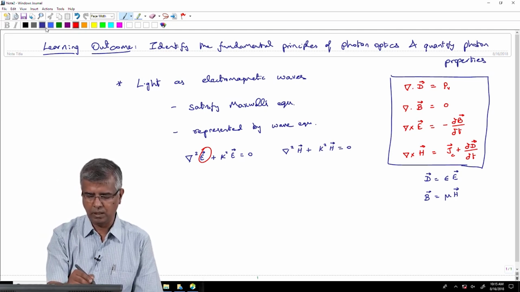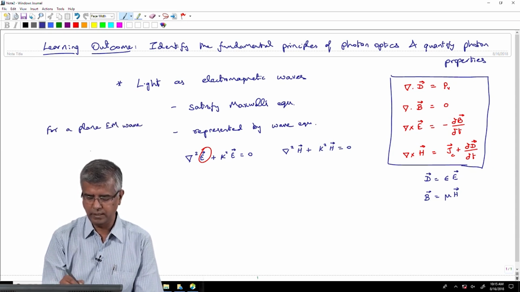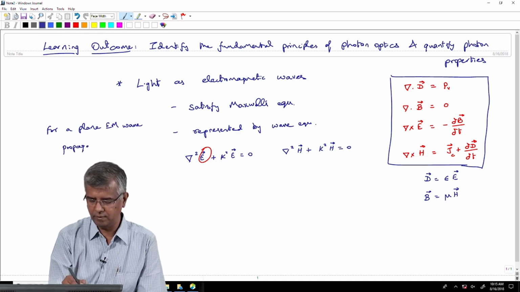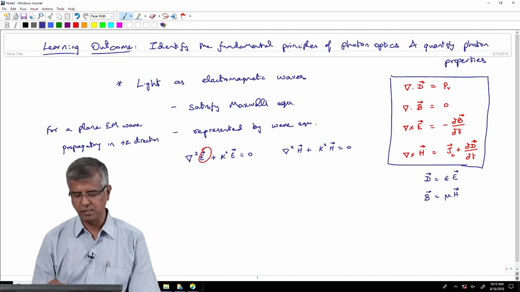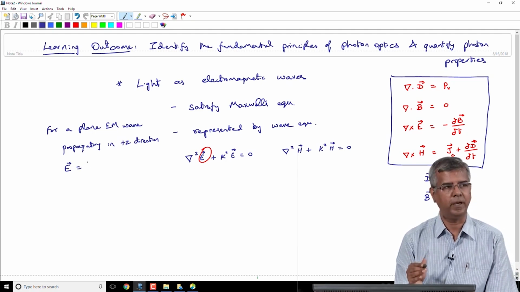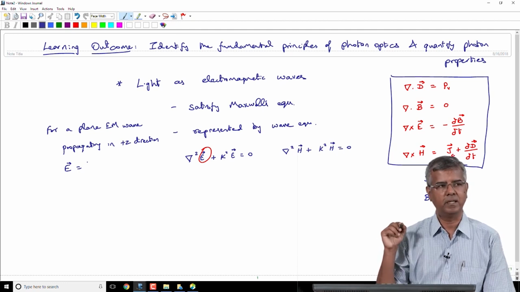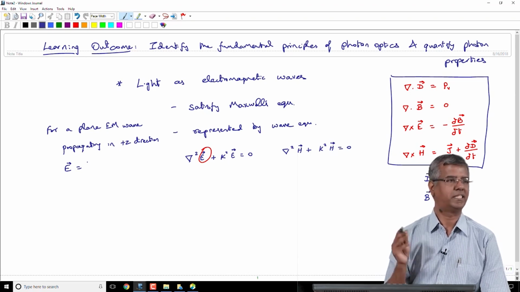If we look at that more carefully, let us say for the case of a plane EM wave propagating in the positive z direction, which is essentially a solution of these wave equations, you will find that the electric field vector, if it is a plane wave propagating along the positive z direction, has field components along x and y, right.